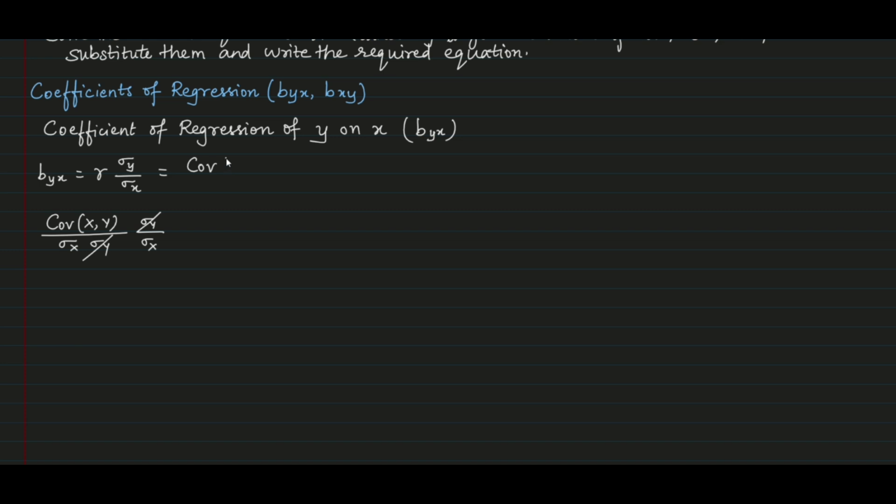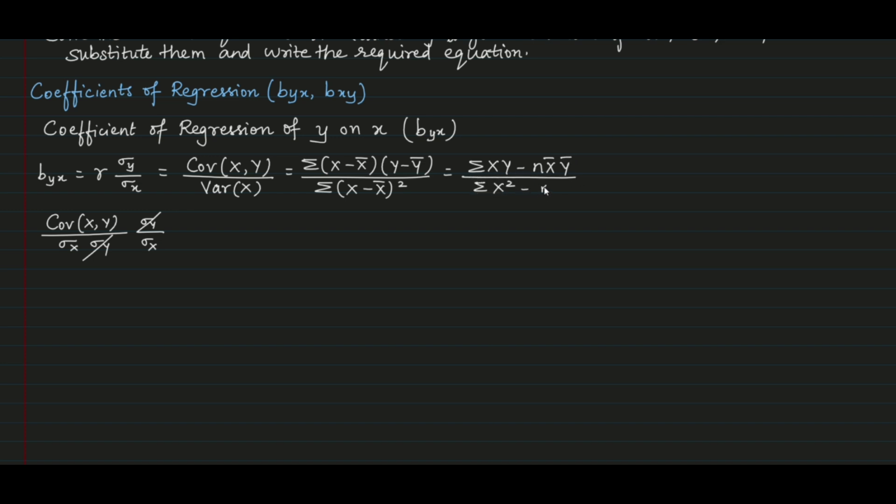This is simply covariance of xy upon variance of x, which is nothing but summation of x minus x bar times y minus y bar upon summation of x minus x bar the whole square, which can be opened up as summation of xy minus n x bar y bar upon summation of x square minus n times x bar square.